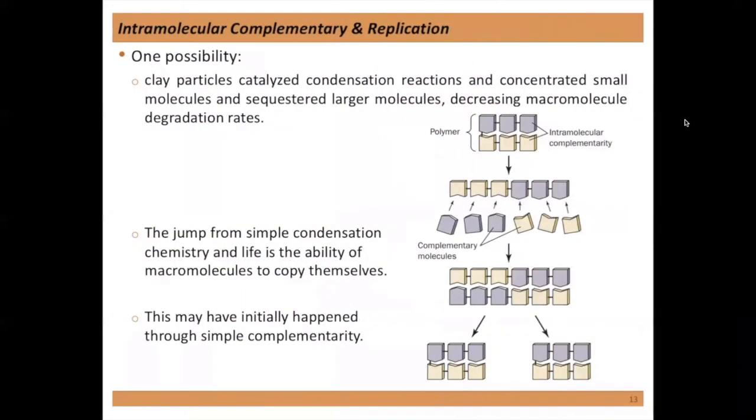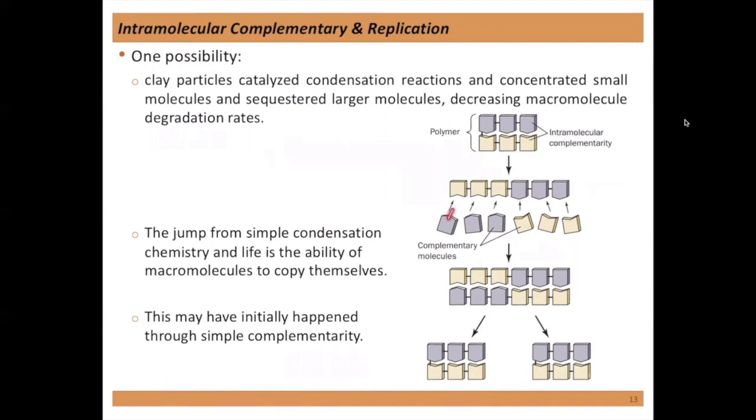Okay, so if we start thinking about how we got these polymers to actually self-replicate, it is thought that maybe clay particles catalyze the condensation reactions. And so you get concentrated small molecules, in kind of a high concentration on this clay surface, in proximity to some other macromolecules. Then they could kind of template.